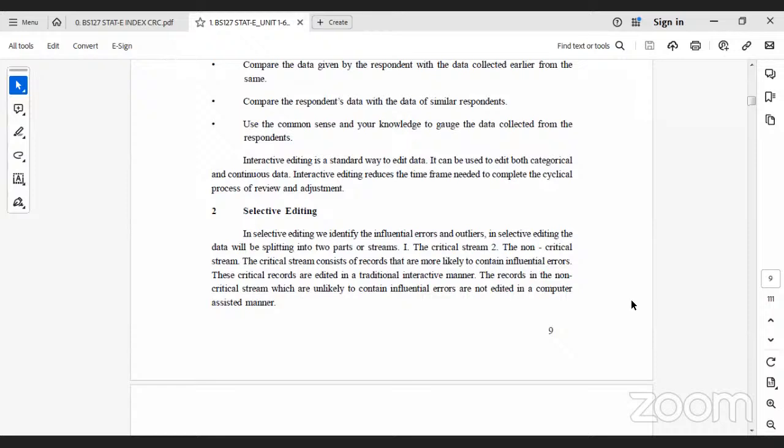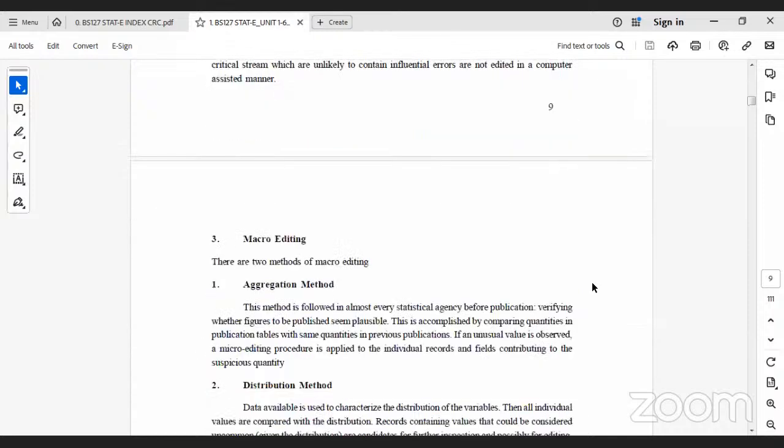What is the critical stream? It consists of records that are more likely to contain influential errors. The critical records are edited by the traditional interactive method. The records of the non-critical stream, which cannot contain influential errors, are not edited in a computer-assisted manner.